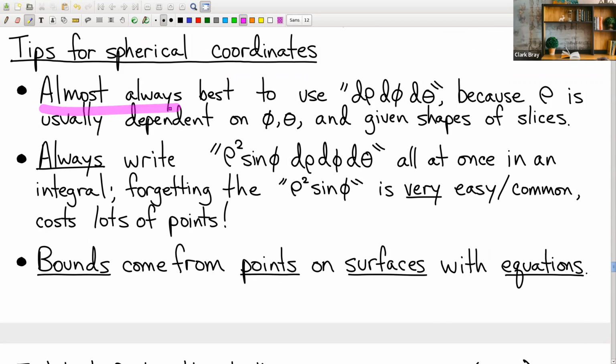You're almost always, even more almost always than the other cases, going to use this order right here, d rho, d phi, d theta. And it's not that you can't use the other orders, it's that this will almost always be at least as convenient and desirable. And it will usually be much more convenient and desirable than your other 5 options, right? So for the purposes of this class, I would consider this to be just what you do. Don't even really spend any time thinking about other possible orders, just always use this order.